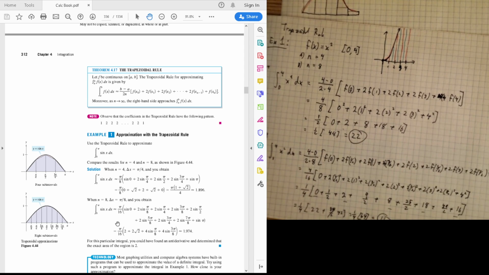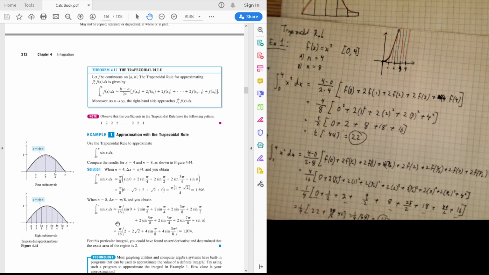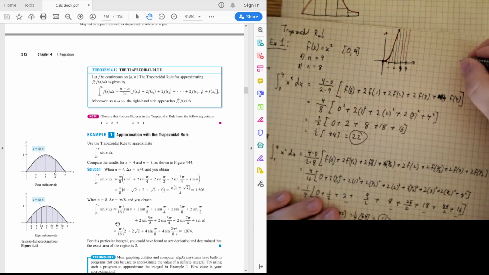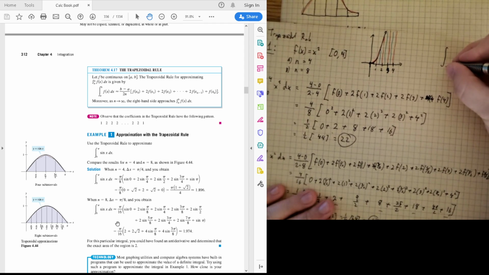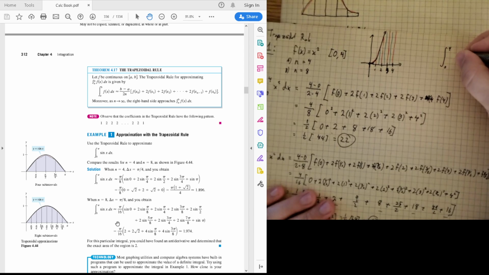Okay. So these two numbers are not as close, but what I want to point out here is what the actual answer is. So let's integrate real quick between 0 and 4 of x squared dx.